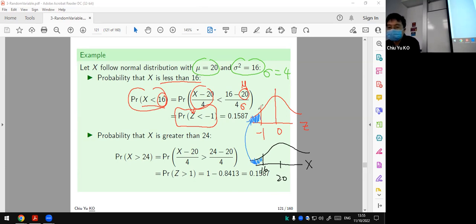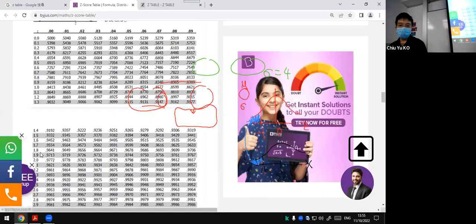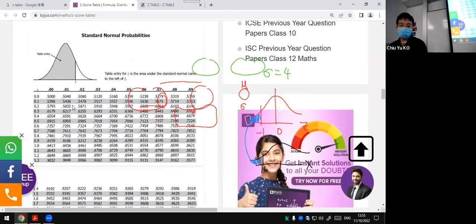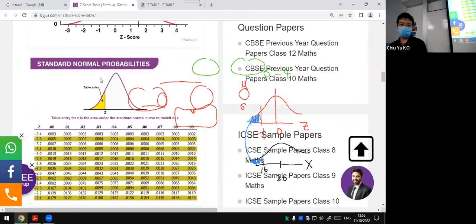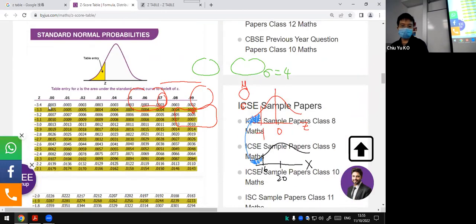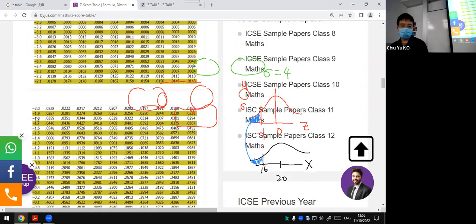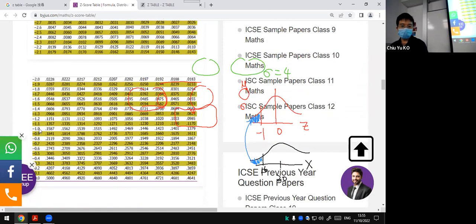I'll show you again how to look at the table once more. I'm not going to keep doing that. Look at the table for negative 1. I find this one easier because it's negative 1. We just look at the row, which is negative 1, this guy: 0.1587.